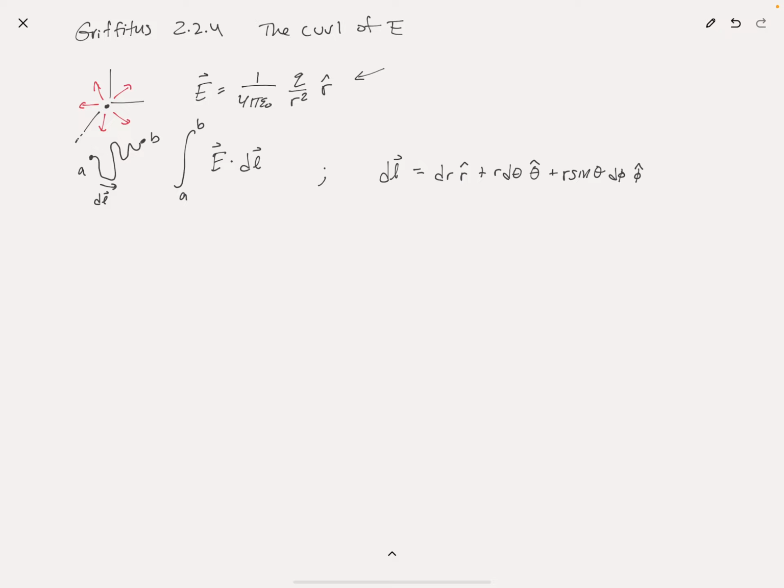So when I take this dot product, the r hat direction dotted with all of this really only keeps the r hat direction. So that becomes, from A to B, 1 over 4 pi epsilon naught q over r squared dr.